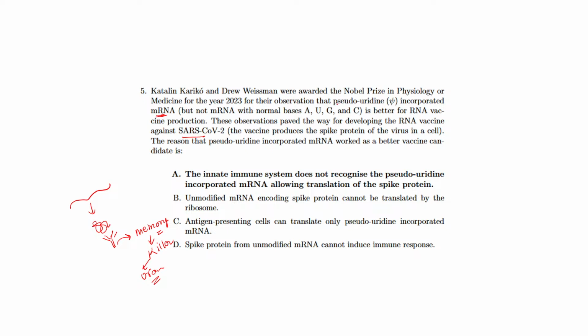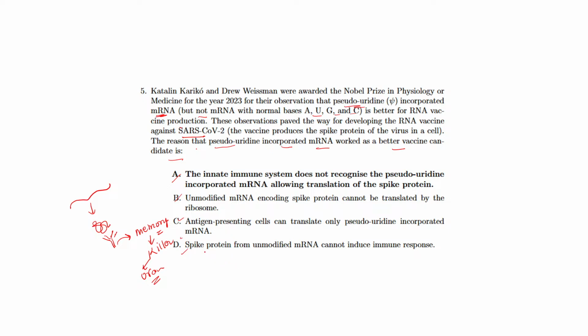It says that the pseudouridine incorporated mRNA, not the normal one with AUGC, is better for an RNA vaccine. And I have to tell the reason why the pseudouridine incorporated mRNA worked as a better vaccine. So let's go from the last option.